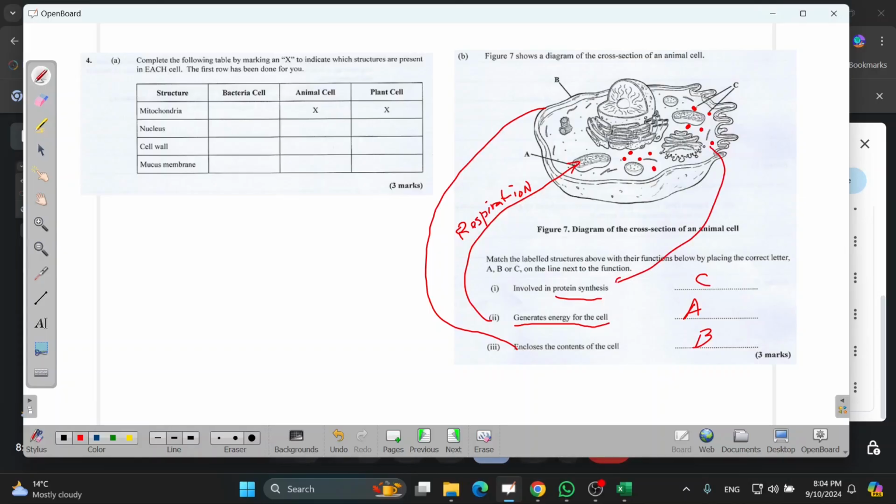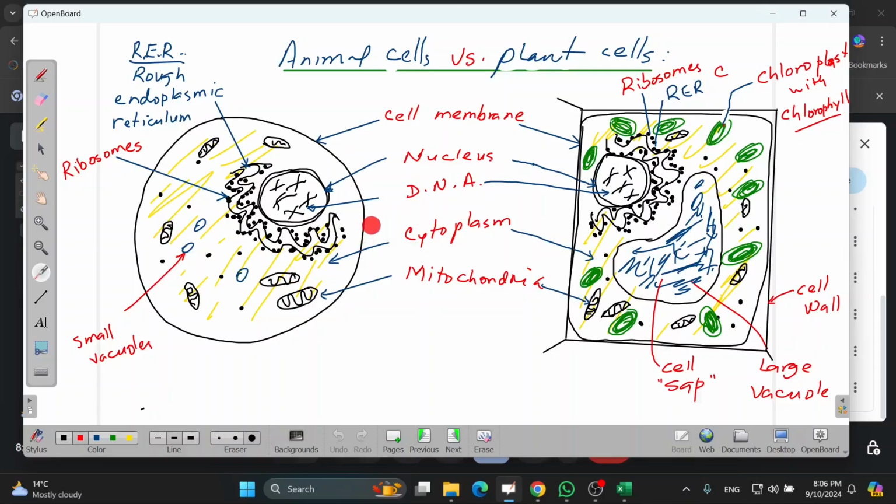Guys, what do we call each of these structures within the cell? We call them cell organelles, right? So all of these are cell organelles.